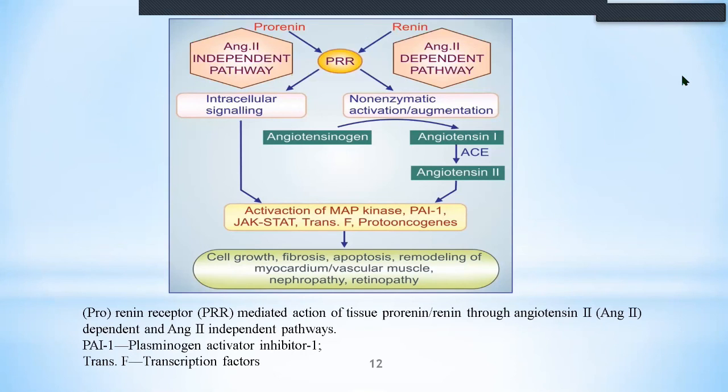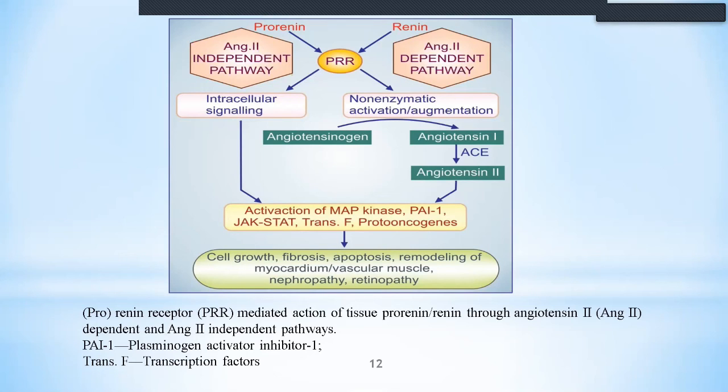Then in the non-enzymatic, independent pathway, intracellular signaling will increase MAP kinase, PAI1 and Janus kinase. All these enzymes are activated.